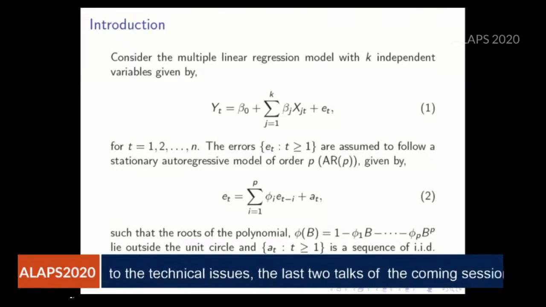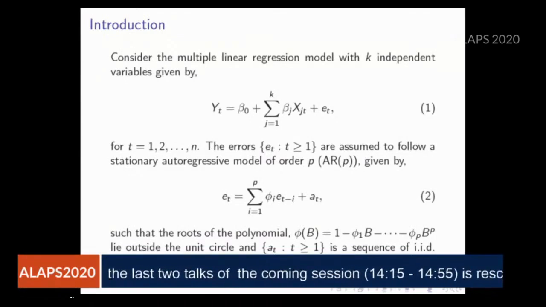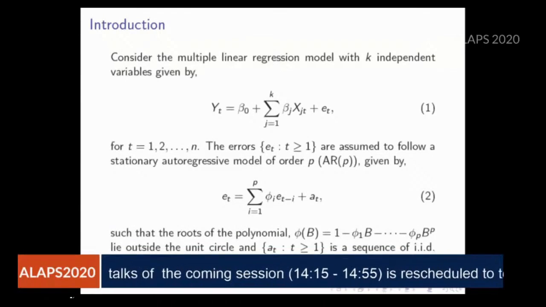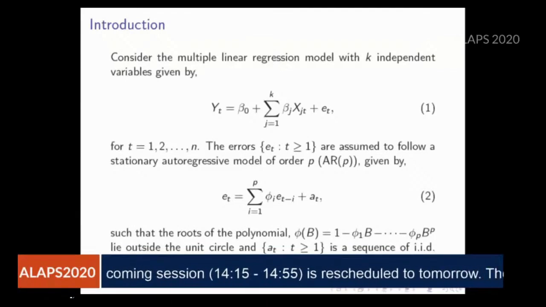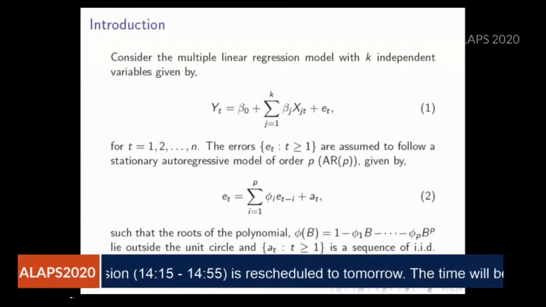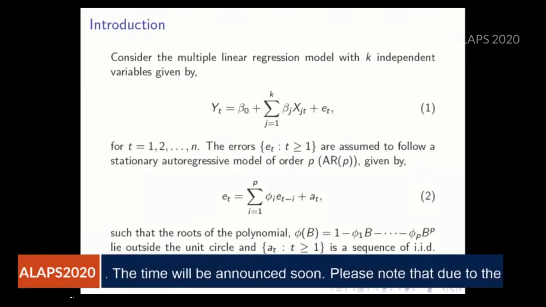The error sequence ε_t is assumed to follow a stationary autoregressive process of order p, AR(p), given in equation 2, such that the roots of the polynomial φ(B) lie outside the unit circle, and the sequence a_t is IID with mean 0 and variance σ_a².